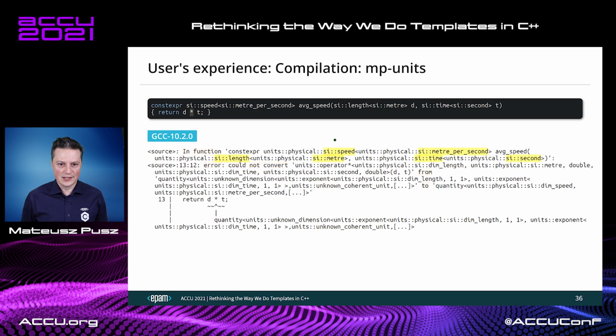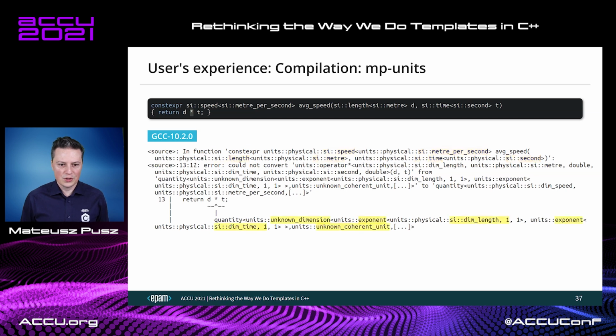If you look here, this is exactly the same as what the developer sees, right? It's just additional namespaces are added as a prefix. So SI speed, SI meter per second, SI length, SI meter, SI time, SI second. So this is already quite good.